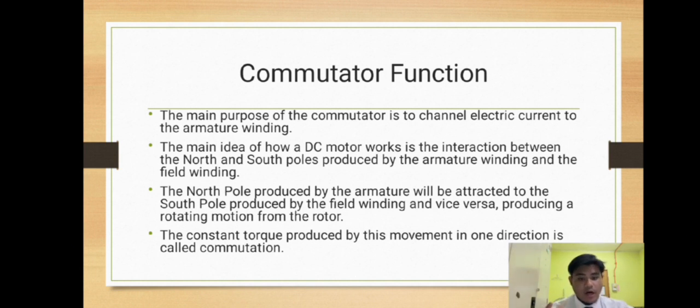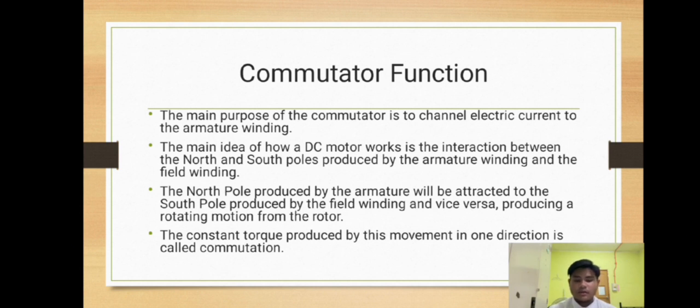The main idea of how a DC motor works is the interaction between the north and the south pole produced by the armature winding and the field winding. The north pole produced by the armature will be attracted to the south pole produced by the field winding, and vice versa, producing a rotating motion from the rotor.